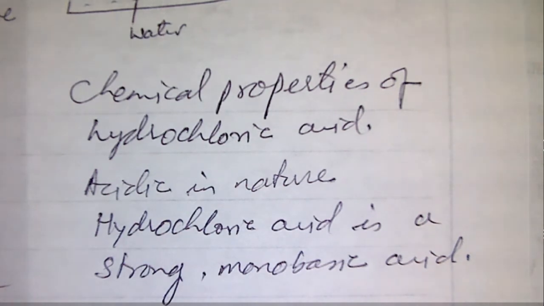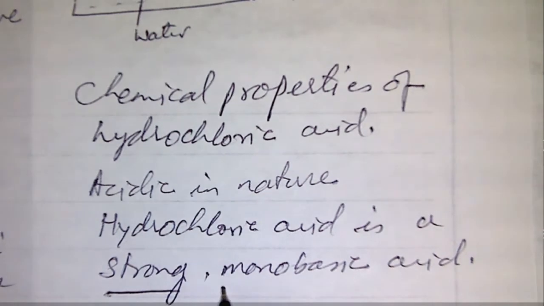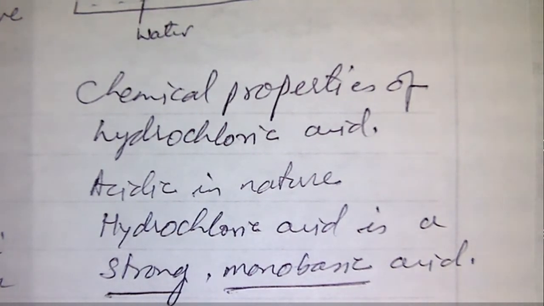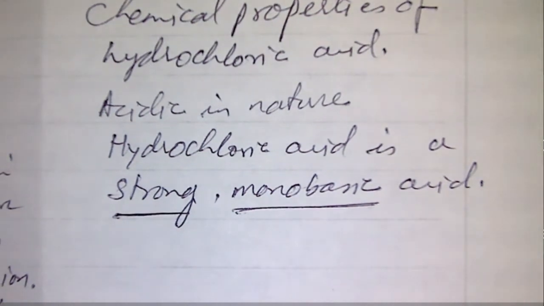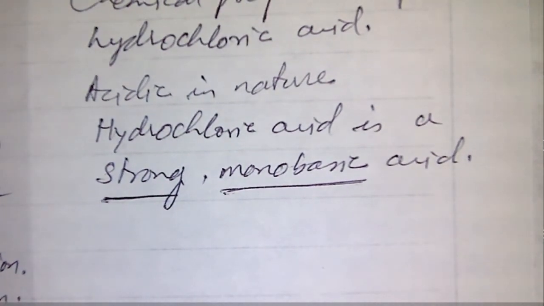So what will happen? I've used two terms. One is strong, another one is monobasic. What do these two terms mean? You have already done acid, base, and salts, so you should be knowing, isn't it?